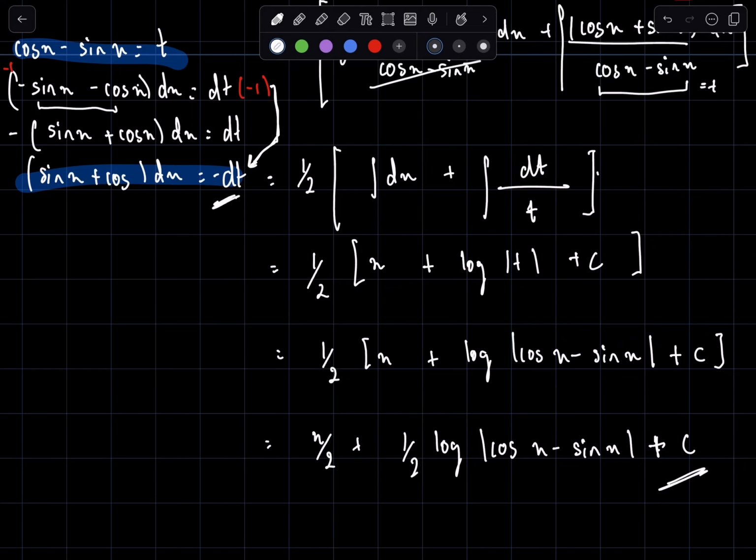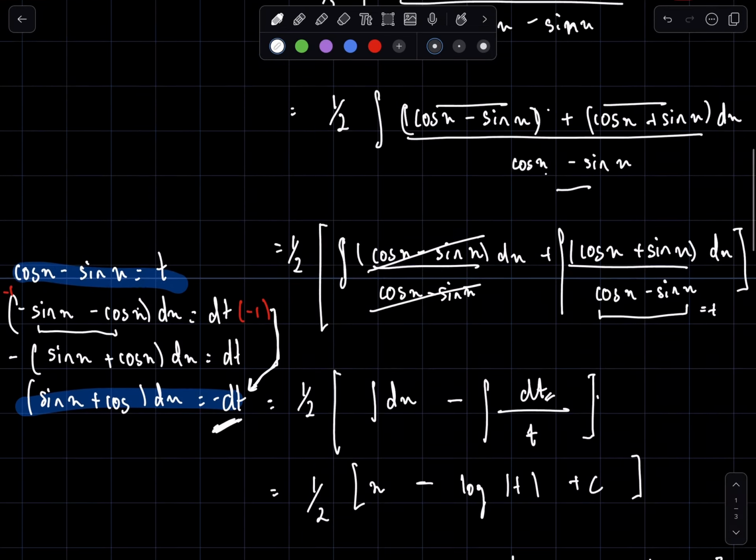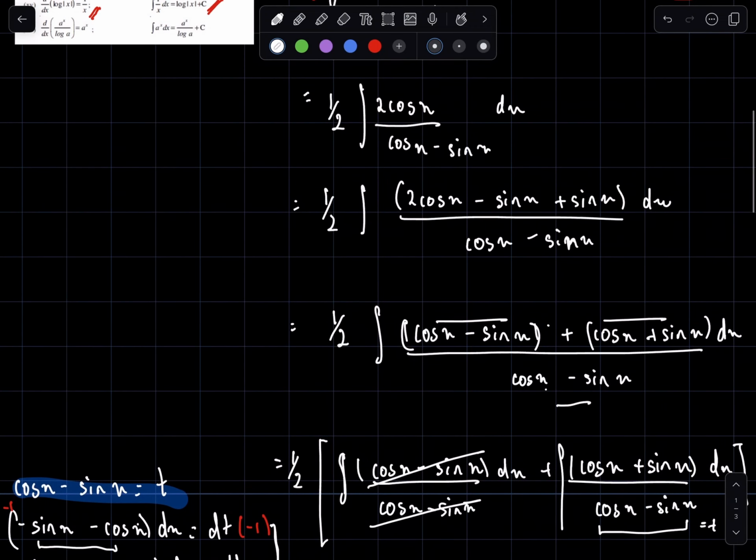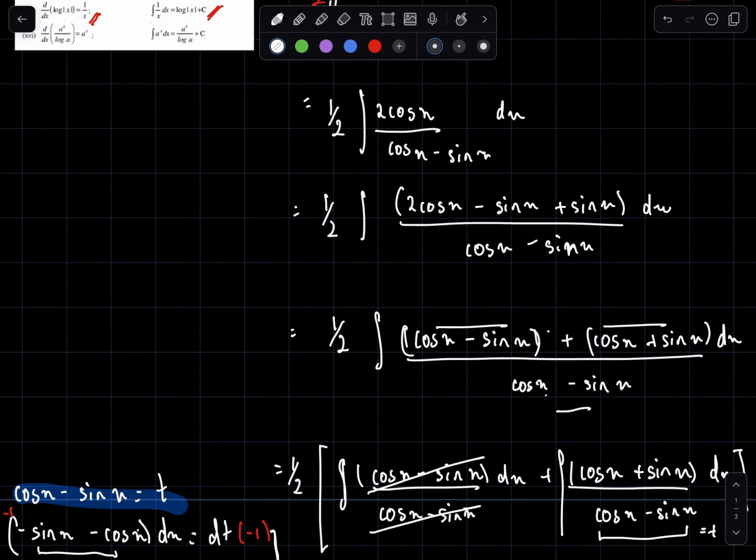So if this is negative dt, see when I make mistakes, this will be minus minus minus because this was negative dt. See the substitution, I didn't see the negative, my bad. So this is negative. Okay, so this is right. Okay, we are almost there. So question number 34.